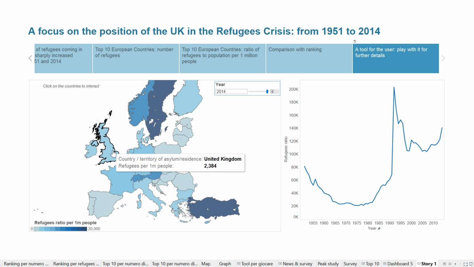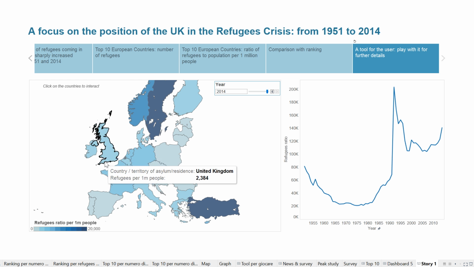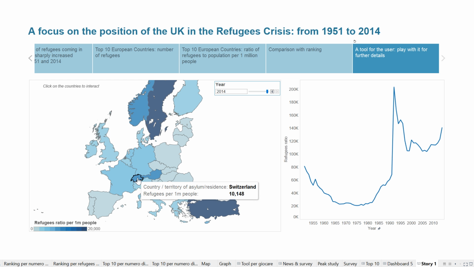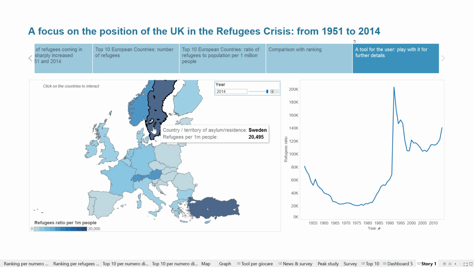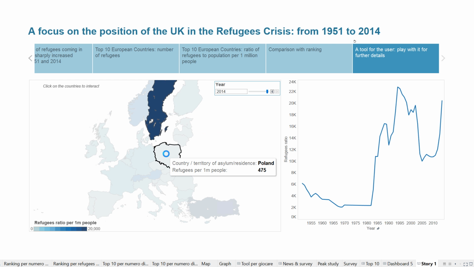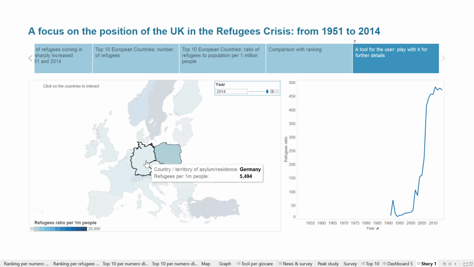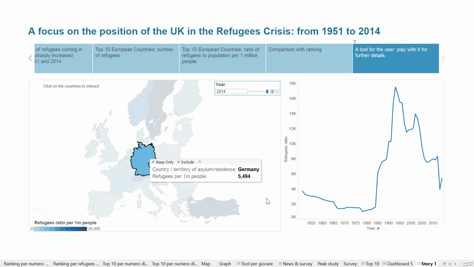While the United Kingdom has a really small number, Switzerland basically has 5 times the number of refugees compared to the United Kingdom. And we can also interact with the graph and see how the number changes over time for each country.